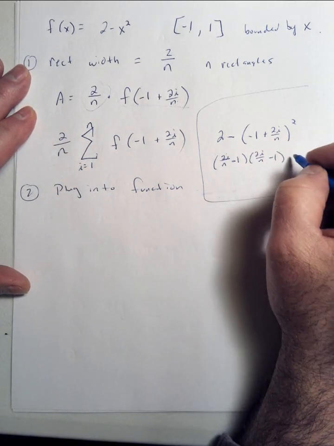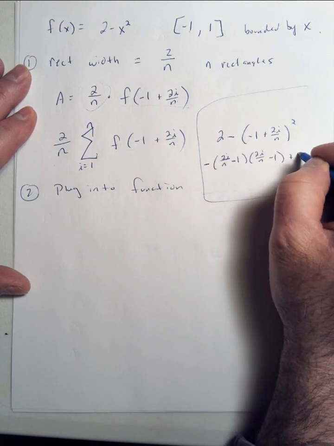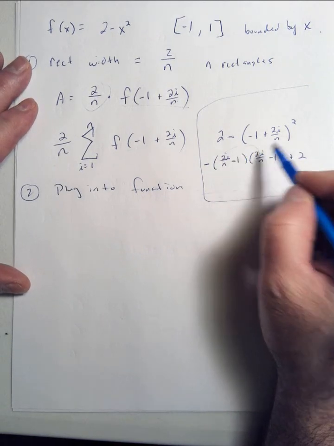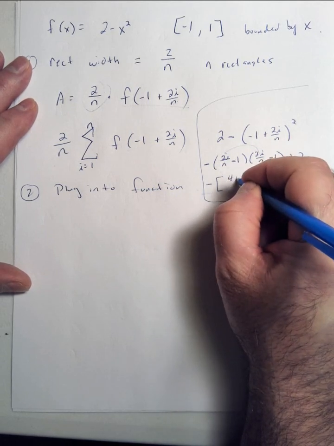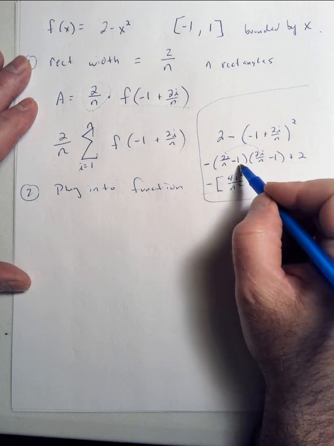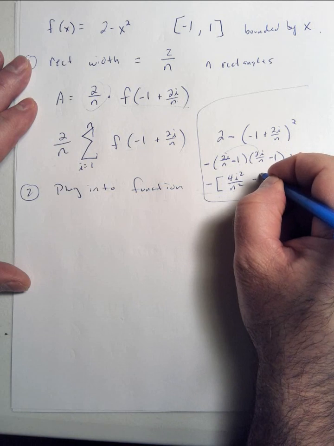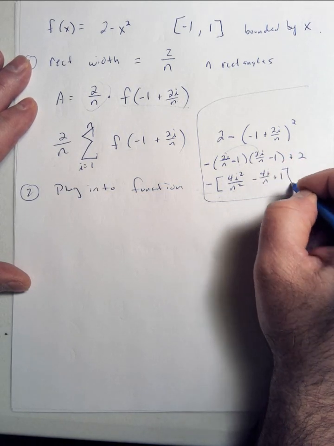And then we have 2 minus all that. So foiling here we have 4i squared over n squared. Got a negative 2i over n, and a negative 2i over n gives me a negative 4i over n, plus 1.